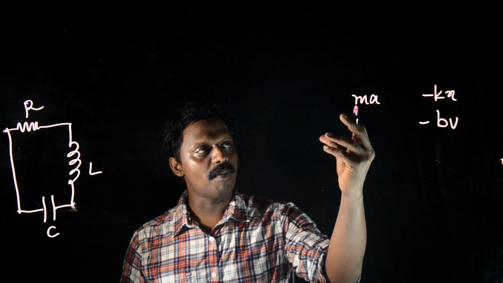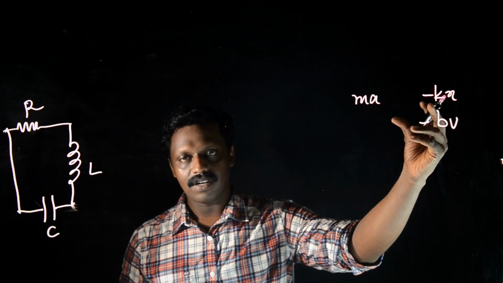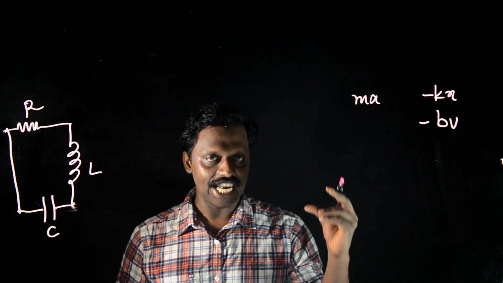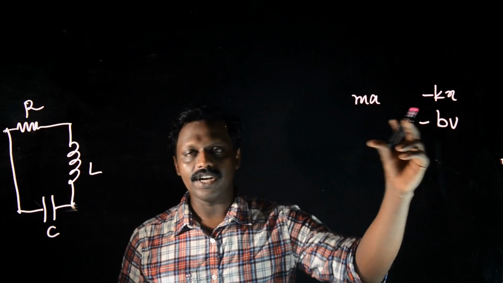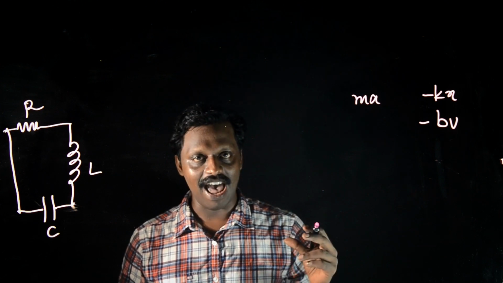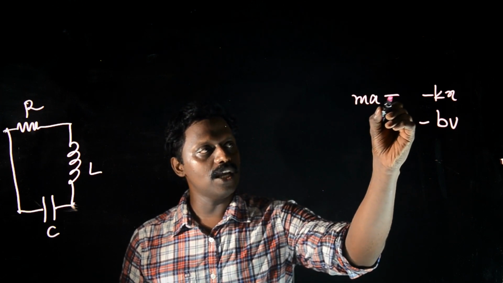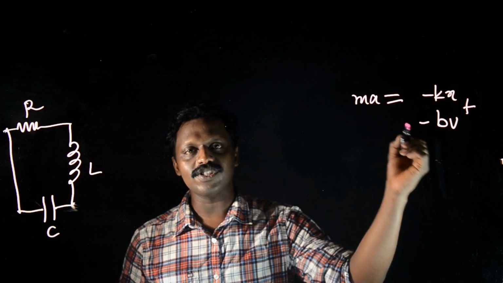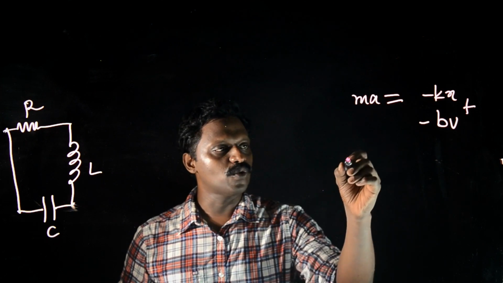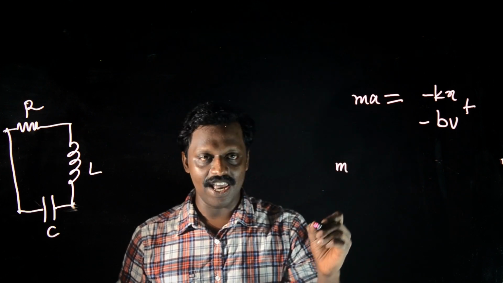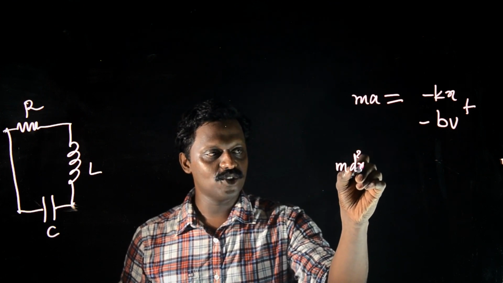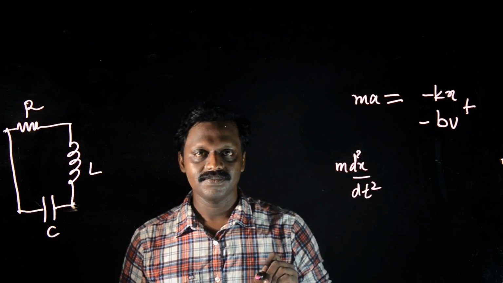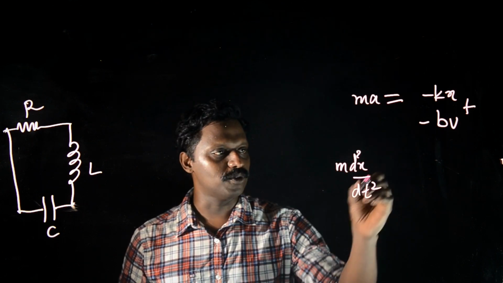So for an oscillator of mass m and force constant k executing damped oscillations in a medium with damping constant b, the net force is equal to the sum of the elastic restoring force and the damping force. So we can write ma, which is m d square x by dt square, where x is the displacement from the mean position.